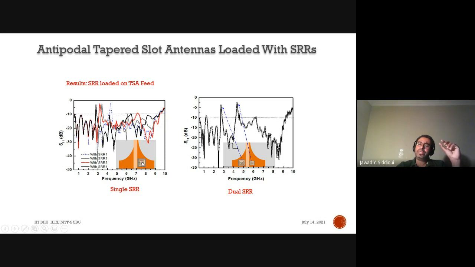And if you know the orientation of the magnetic field, and you can make this magnetic field pass through the axis of the SRR, the SRR will start to resonate, and it will stop the transmission of the frequency corresponding to its resonance, and that will yield a notch in the desired spectrum.